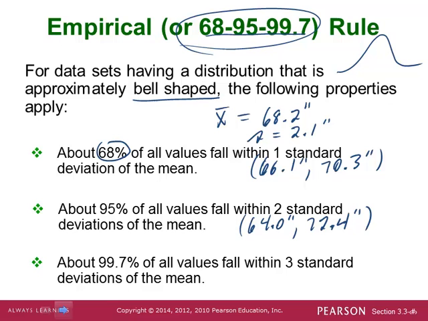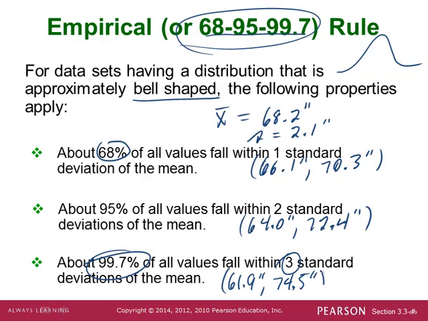And we would expect that about 99.7%, so nearly all of the data values, will fall within 3 standard deviations. Take 64 minus 2.1, you get 61.9 inches. 72.4 plus 2.1 is 74.5.